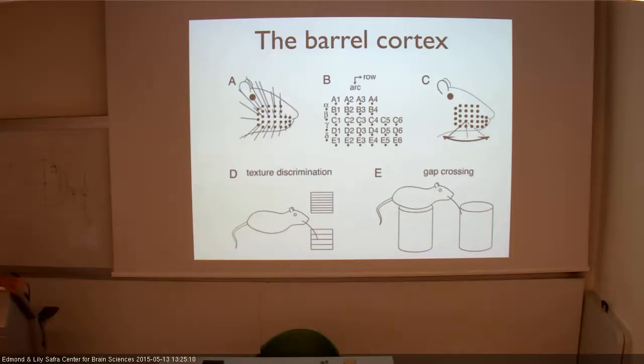So, I'm sure you heard about barrel cortex before, right? Anyone who hasn't heard about it? The what? About the barrel cortex. Whisker system, barrel cortex. Okay.